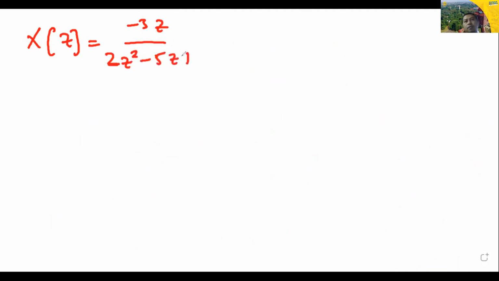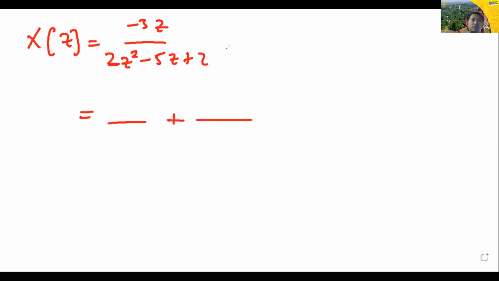Inverse. Allow me to express, for example, X(z) is equal to minus 3z over 2z squared minus 5z plus 2. Then we can use partial fractions, of course.